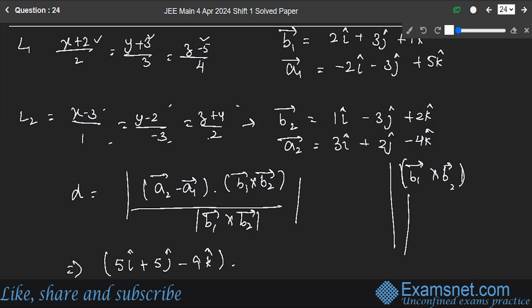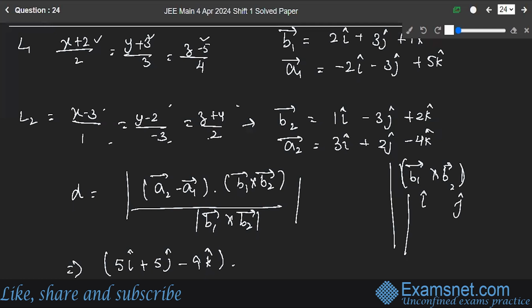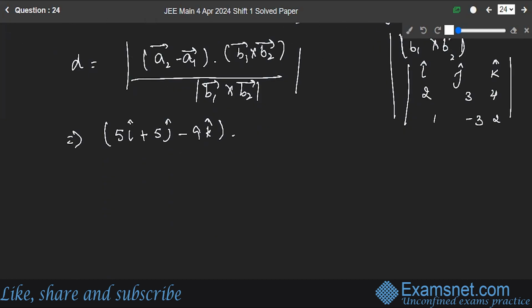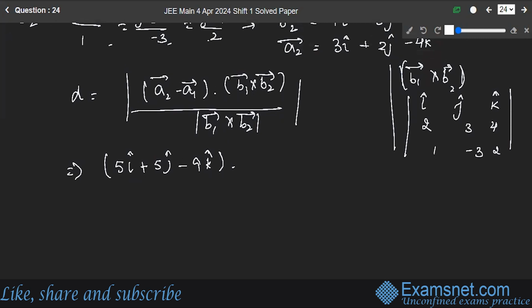So this will be given by i, j, k, and 2, 3, 4, 1, -3, and 2. So this will give me i cap (6 plus 12), and 4 minus 4.